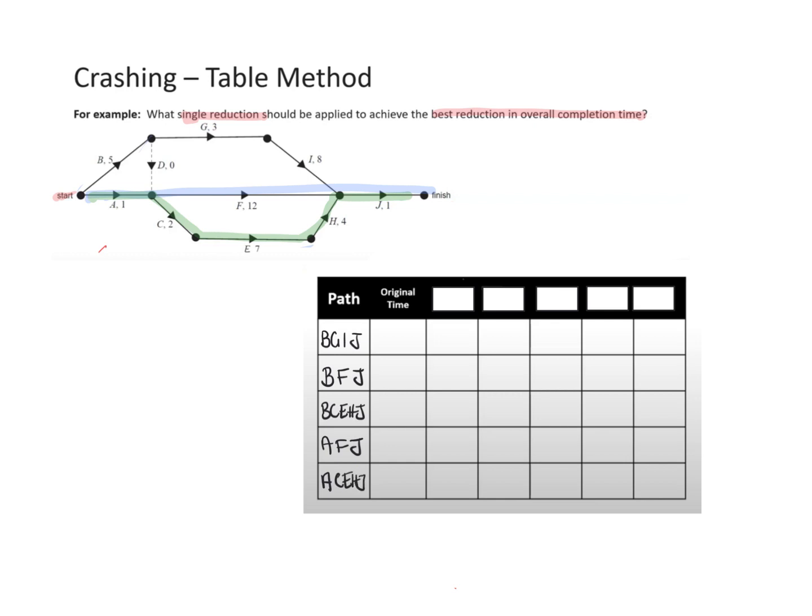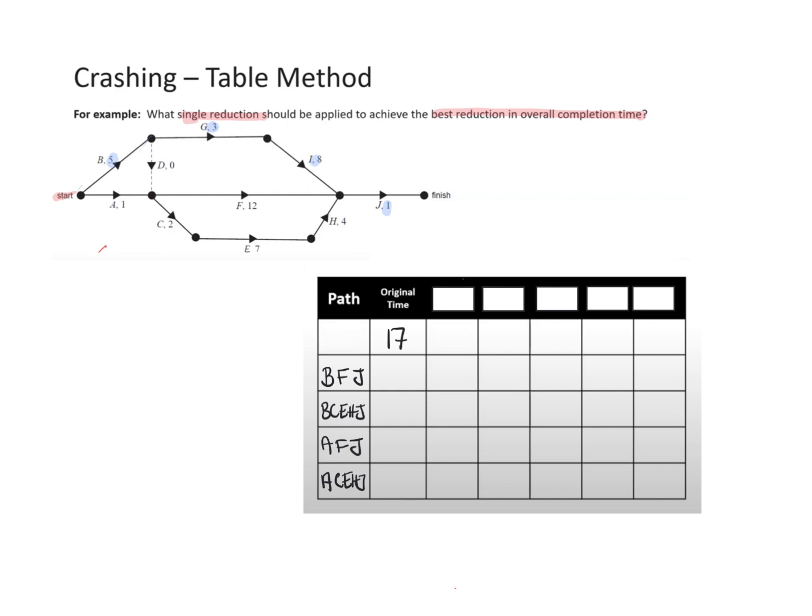I probably should have added up how long they take while I was doing those paths. Just to show you how I've done it, the first one, B, G, I, J, we would have added 5, 3, 8 and 1, and that would have added up to 17. Then I'll go through and add up all the rest.